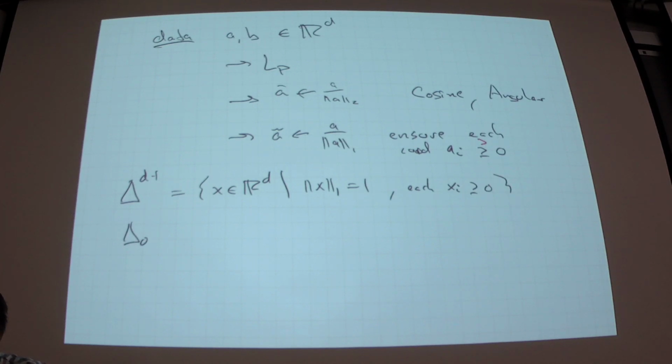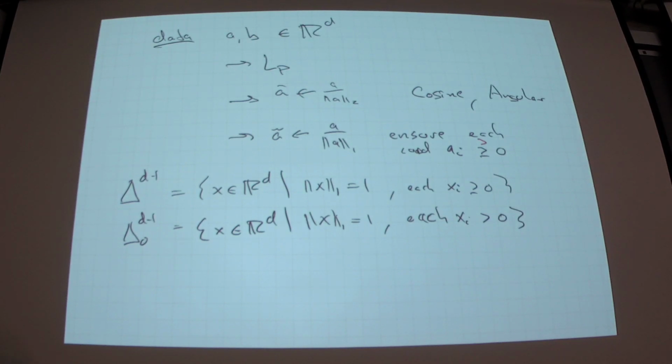And then I'll also define one with a 0 down here, which means something slightly different, where it's still L1 normalized, and each xi now has to be strictly greater than 0.